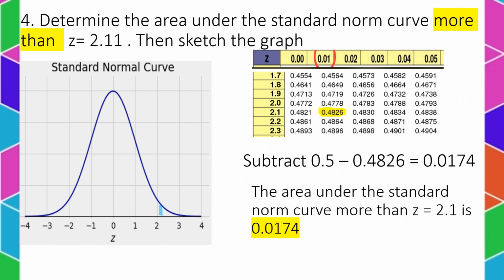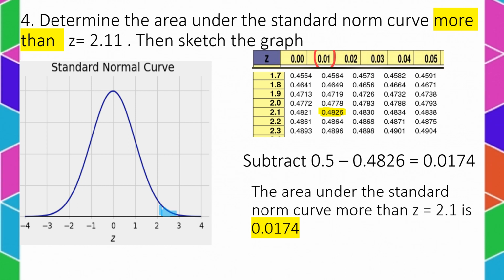Sabi, dun sa problem, it is more than 2.11. So, of course, you are going to shade to the right. Kasi, more than. Ibig sabihin, sobra sa 2.11 ang ating graph. So, from 2.11 going to 3.